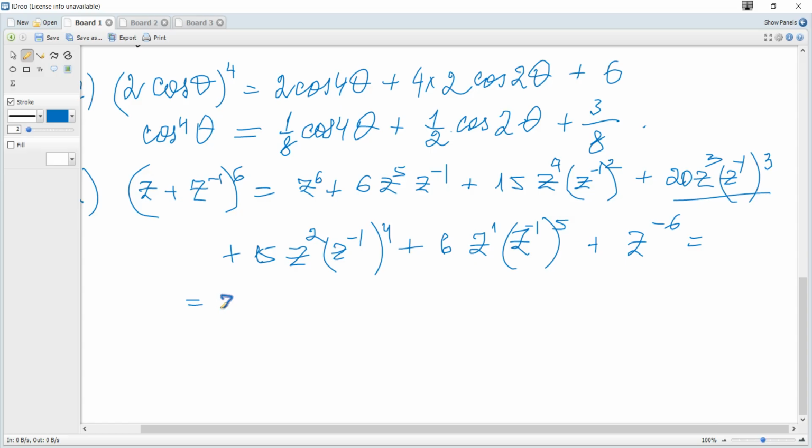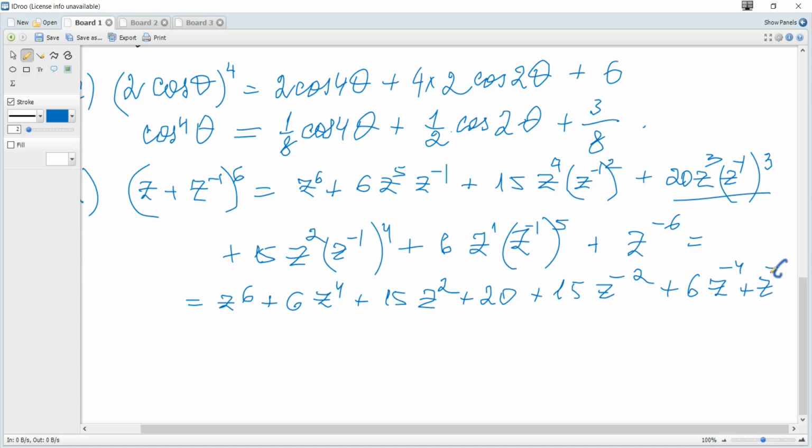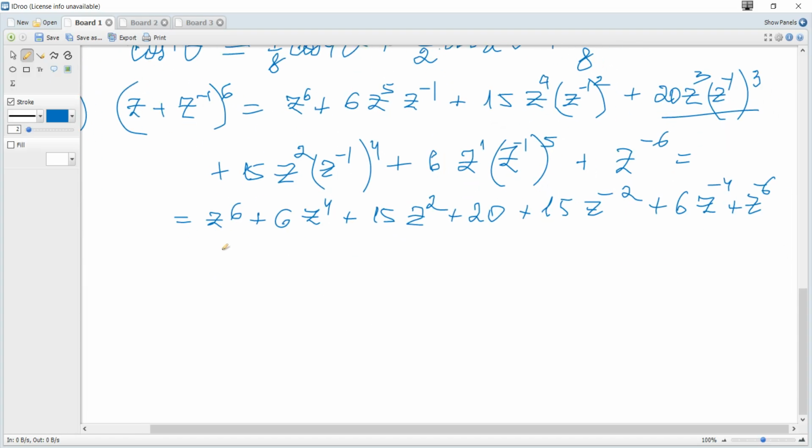and it becomes z to the power of 6 plus 6 z to the power of 4 plus 15 z squared plus 20 plus 15 z to negative 2 plus 6 z to negative 4 plus z to negative 6. So (z plus z to negative 1) is 2 times cosine of just theta, to the power of 6, or 2 to the power of 6 cosine to the power of 6.